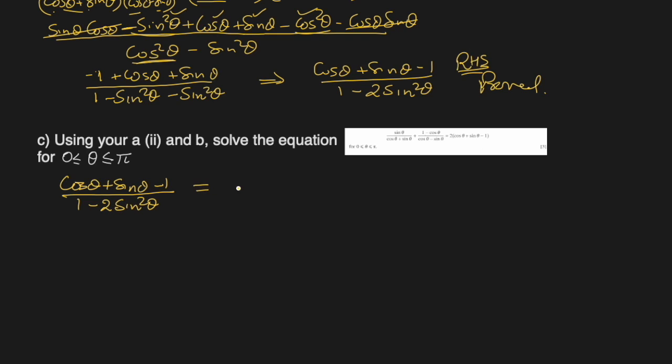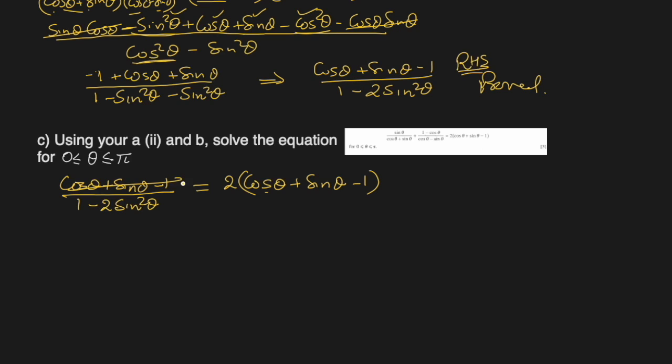Okay, which is equal to RHS. I'll write as it is, 2 into cos theta plus sin theta minus 1. So we can see this numerator and this, this bracket part, are exactly the same.